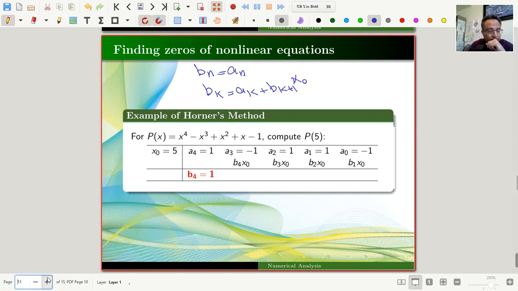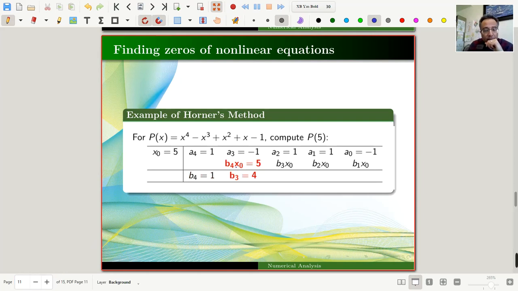Now, consider for example b3: you have to compute a3 plus b4 x0. So you multiply b4 times x0 and put it here, and add a3 to b4 x0 to get b3.